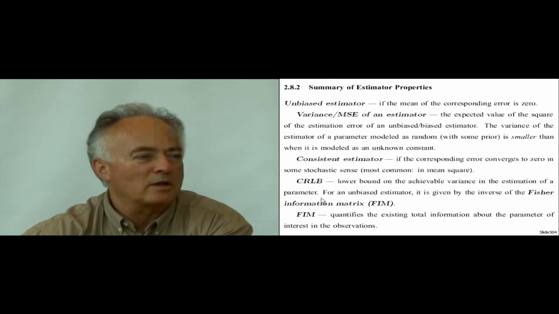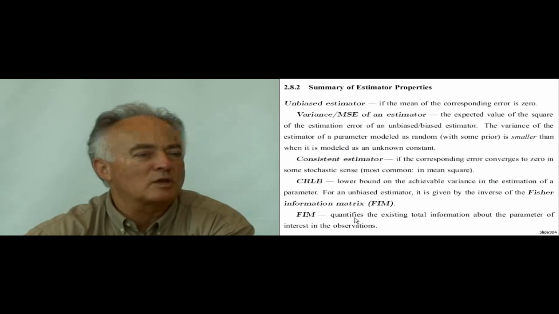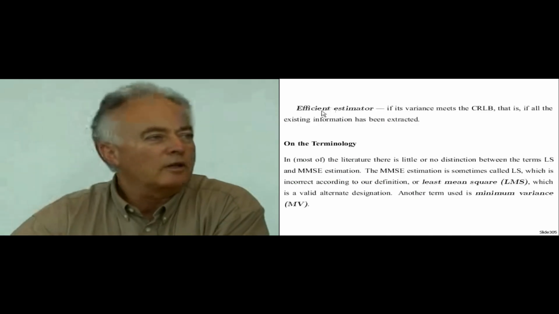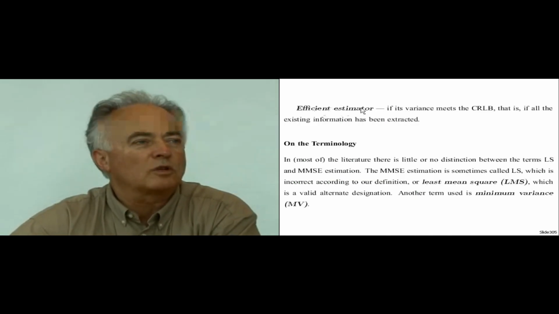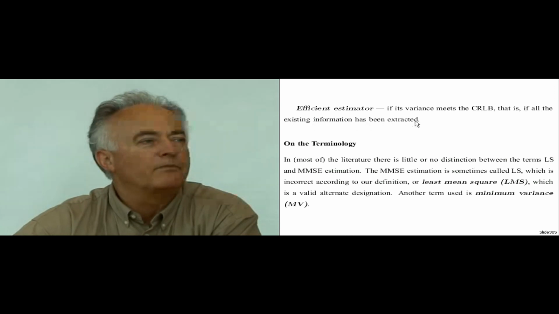If we have an unbiased estimator, it is given by the inverse of the Fisher information matrix, and this FIM quantifies the existing total information about the parameter of interest in our observations. Finally, an estimator is called efficient if its variance meets the Cramér-Rao lower bound. In other words, if all the existing information has been extracted.